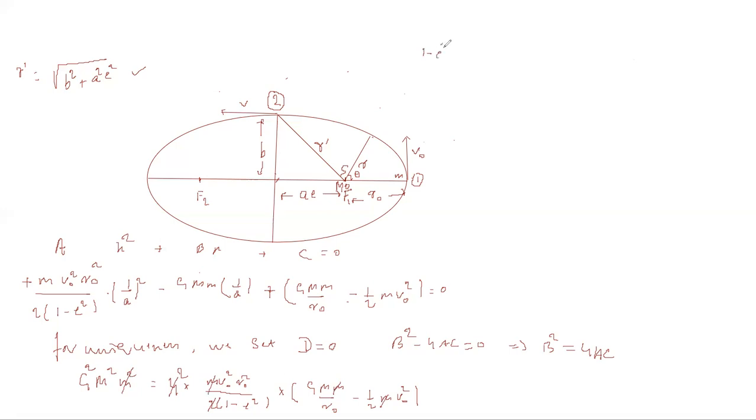We can write it as 1 minus e square, e being the eccentricity of the ellipse, is equal to 2 v naught square r naught square upon g square m square into GM over r naught minus v naught square upon 2.